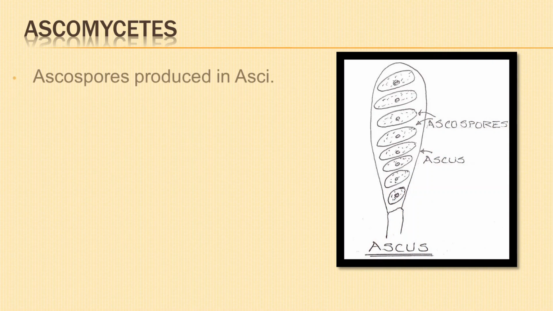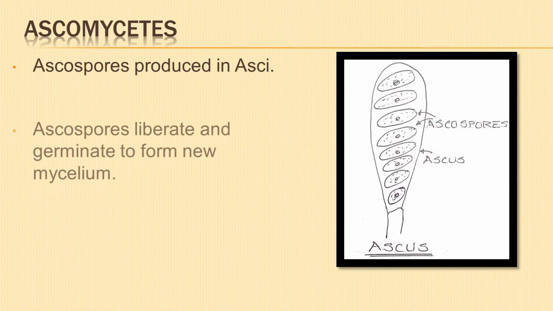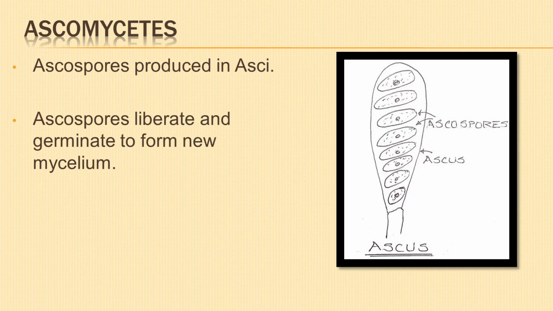Sexual spores, namely ascospores, are 8 in number, produced endogenously in sac-like asci. The fruiting bodies are known as ascocarps. The ascospores are liberated from ascus and germinate to form new mycelia.